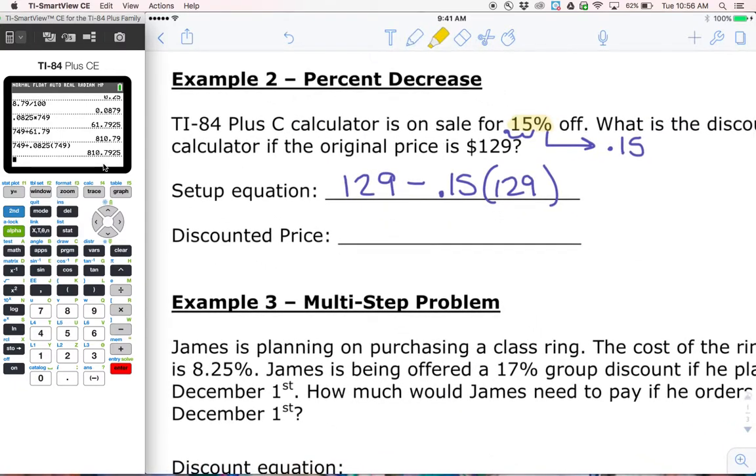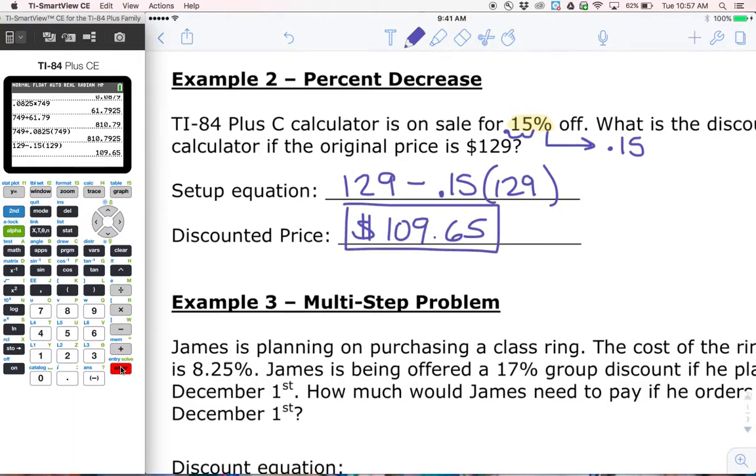Okay, just like the example above, you should have 129 here and here. I'm going to type that in my calculator to figure out my discounted price. Keep in mind, for it to be a reasonable answer, it needs to be less than 129. All right, 129 minus 0.15 times 129 gives me $109.65.